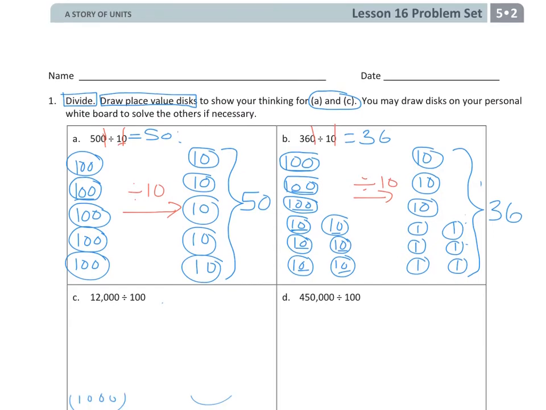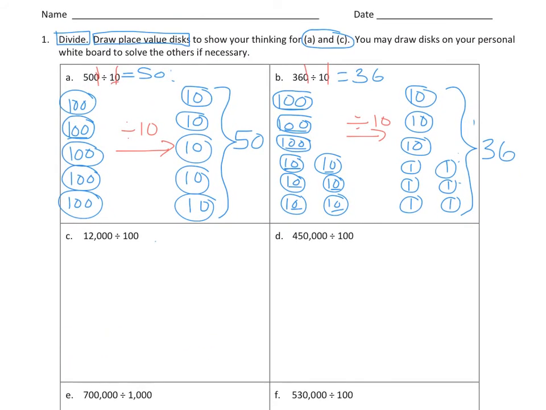So moving down to C, I'm going to go ahead and change the directions a little bit. I know we were supposed to do the place value discs for C, but since we did A and B with place value discs, let's just go to C. Now C is 12,000 divided by 100. So go ahead and copy it down again for me, please. I know it's already up there, but I want you to copy it down. And I want to say, okay, if I'm dividing by 100, 12,000 is going to get smaller.